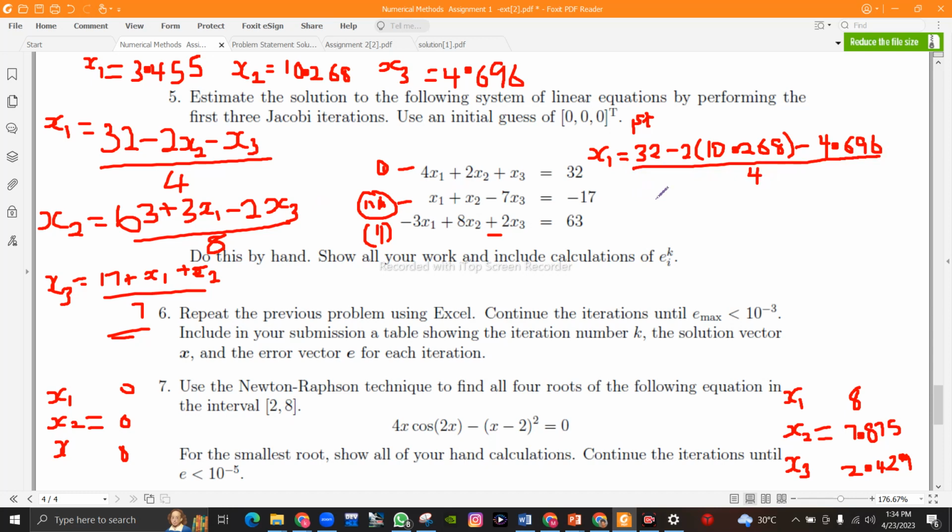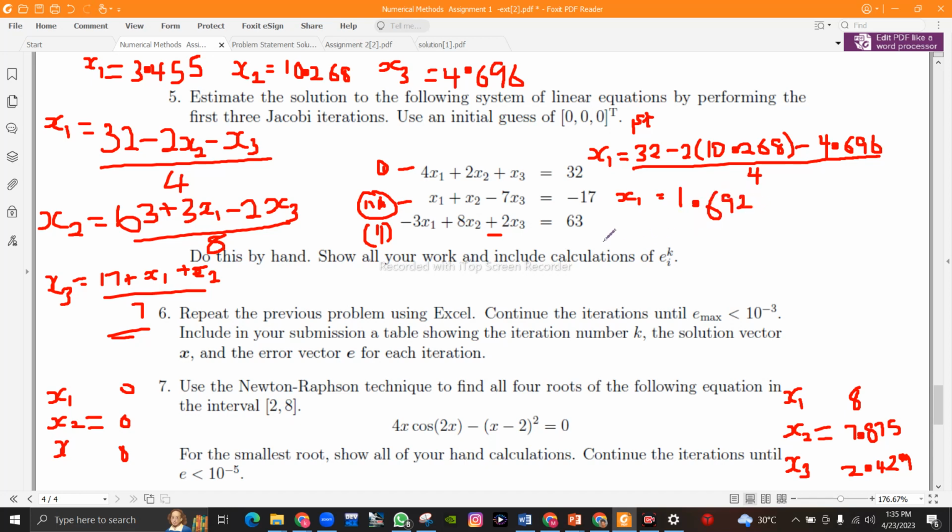If we calculate this, our x1 will be 1.692. You calculate that very well.